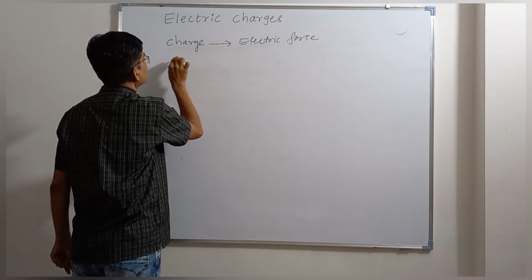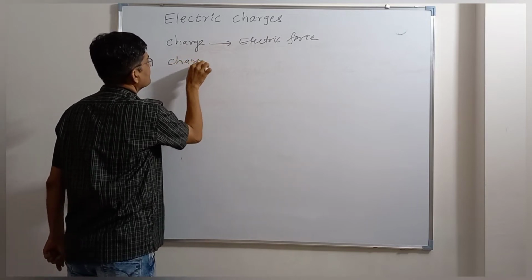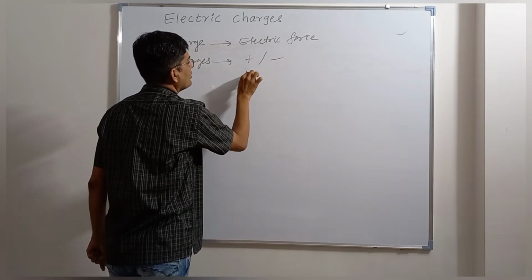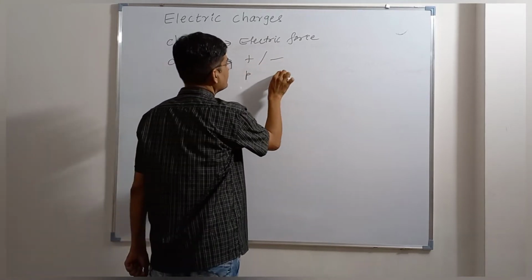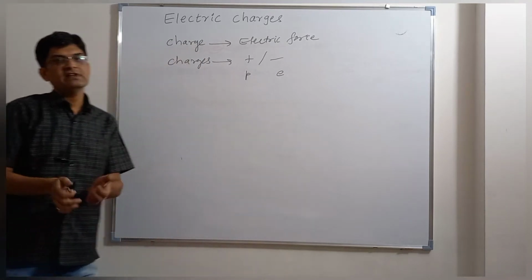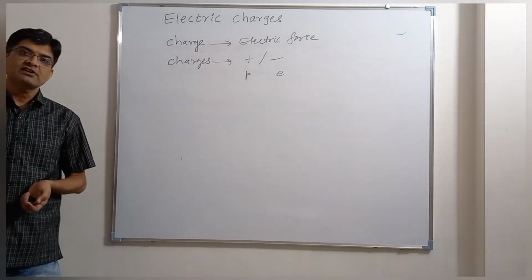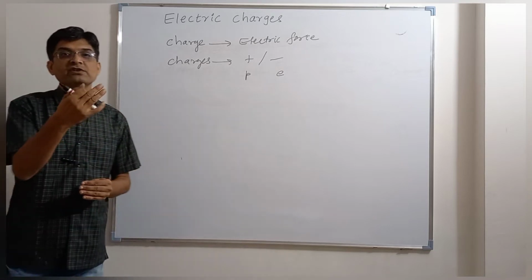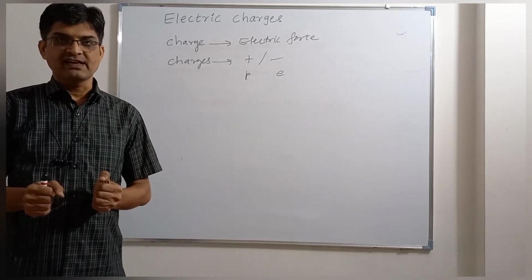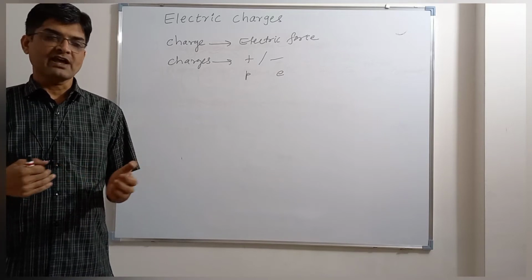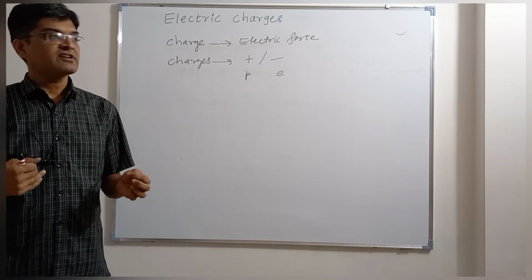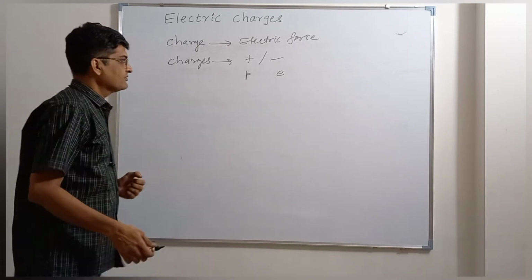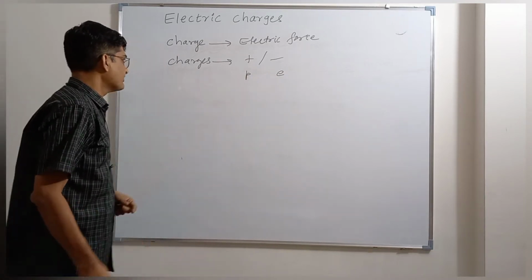Charge can be of two types, positive and negative. Protons are considered positive and electrons are considered negative. This is merely a convention. You could consider the electron to be positive and the proton negative, but that could be in a different universe where you started the whole physics study. Here, for many years, this convention has been taken, so we have to follow it. Electrons are negatively charged, protons are positively charged.